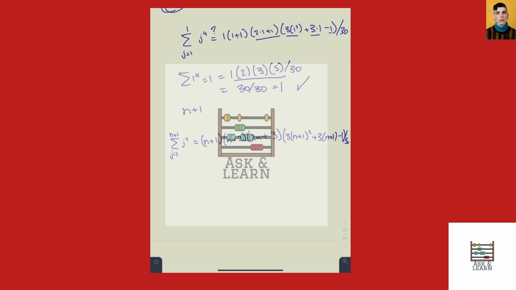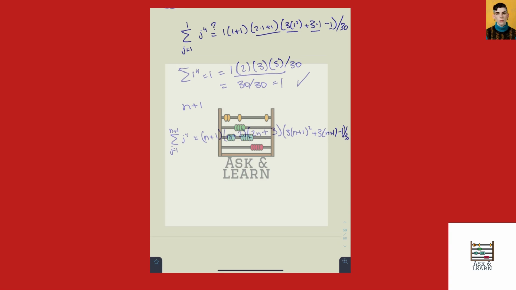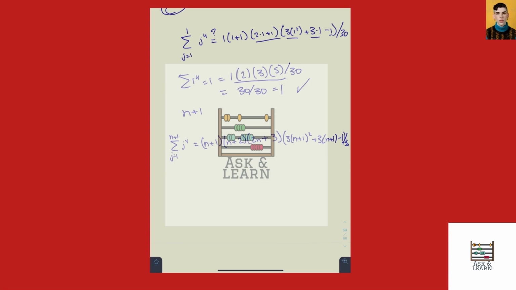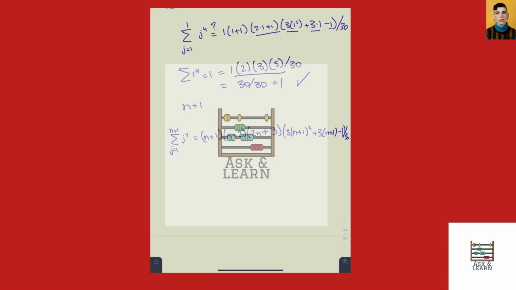So we see with j to the fourth, we'll have all these values, and then the last one will be plus j to the fourth. So we know that n already equals all of those things. So we're just more focused on the n plus 1 aspect of it.